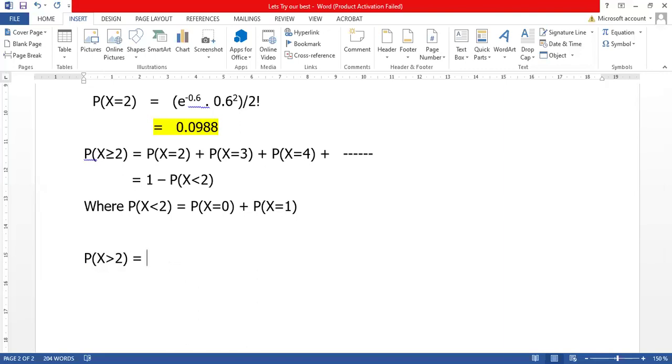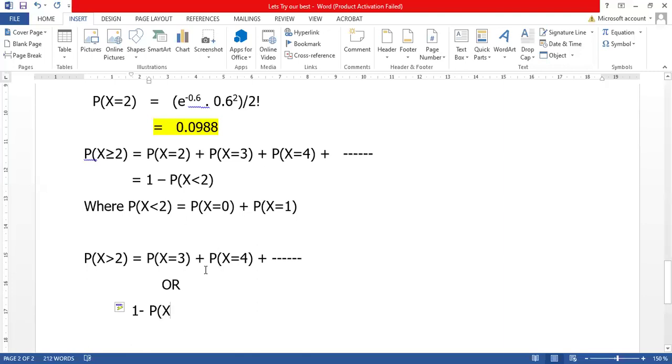Here it's like you're starting from 3, so it will be like the probability of x is equal to 3 plus the probability of x is equal to 4 up to infinity. So the shortcut will be to get 1 minus the probability of what?